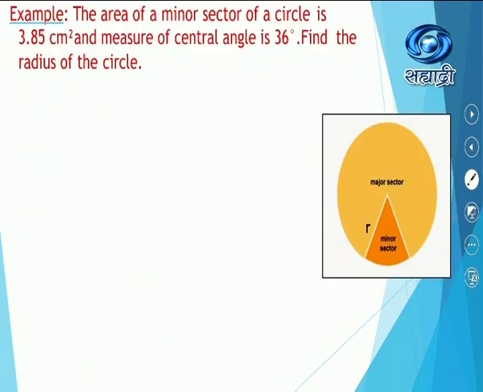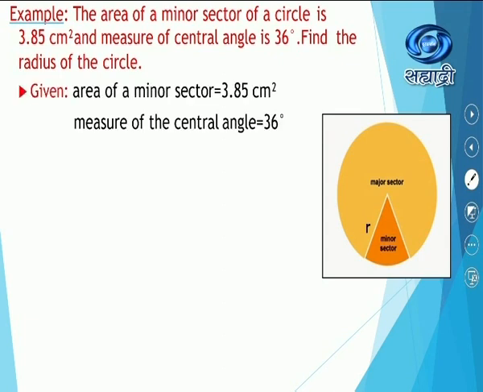Now the next example, the area of the minor sector of a circle is 3.85 centimeter squared and measure of the central angle is 36 degrees. Find the radius of the circle. Given area of a minor sector is equal to 3.85 centimeter squared, measure of the central angle is equal to 36 degrees.